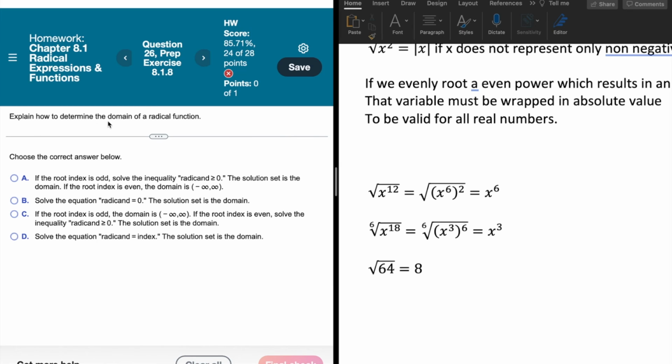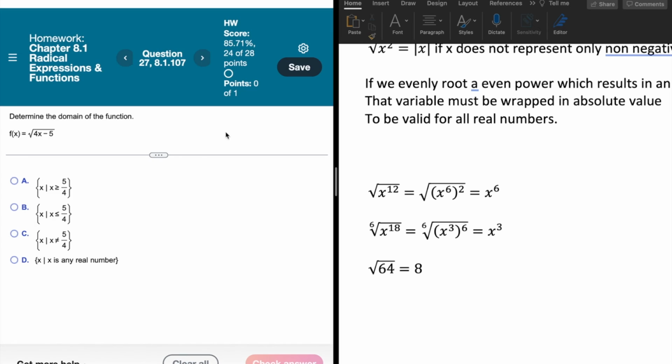Up next, explain how to determine the domain of the radical function. I'm going to skip over that and just dive right into it. Well, what we've said before is that what's inside of an even root must be non-negative. So the domain refers to essentially what you are allowed to plug in. What's inside of that root is 4x minus 5.